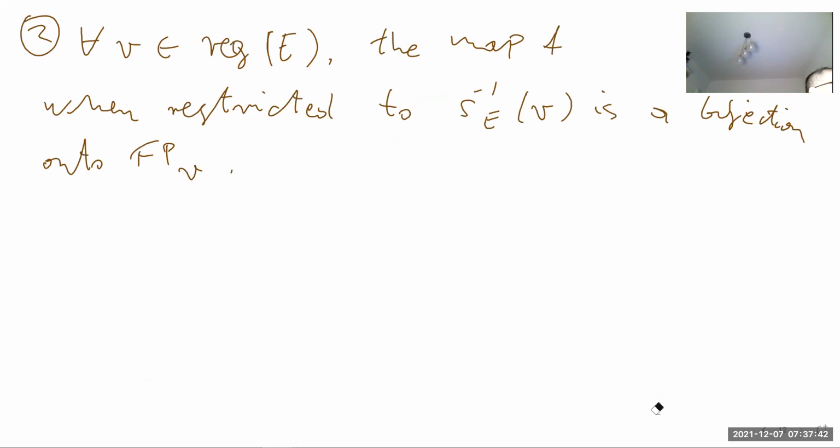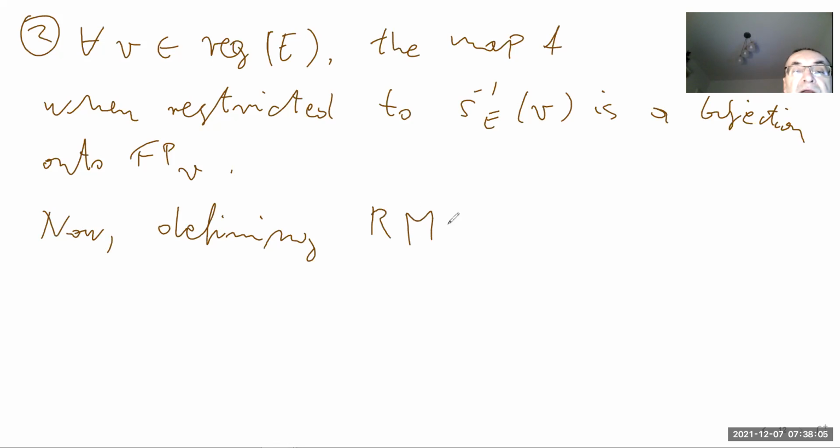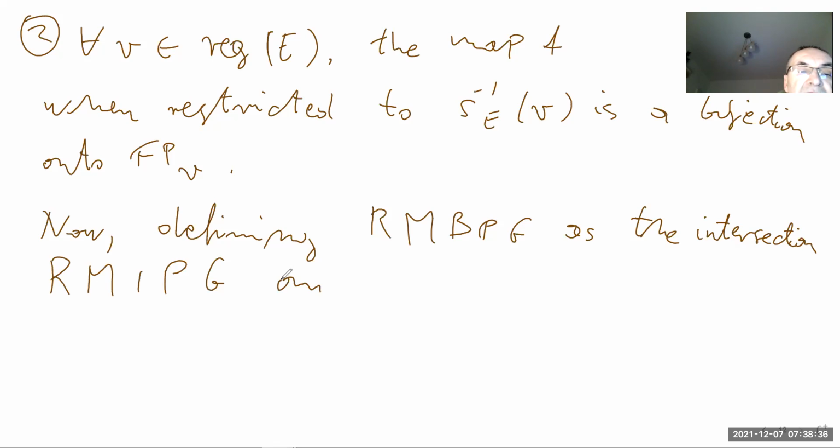I can also add that the category will be instead of I. So now defining Rn dPg as the intersection of Rn IPG, dPg.